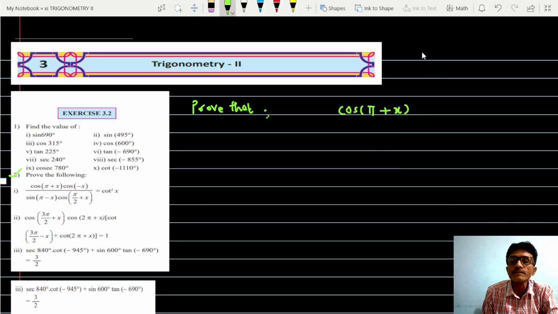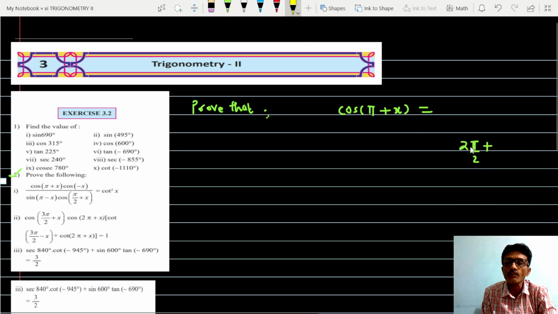now keep in mind cos of pi plus x is in the third quadrant. In the third quadrant cos is negative, and pi means 2 times pi by 2, so it is 2 times pi by 2 plus x. If it is an even multiple of pi by 2, the trigonometric function does not change.